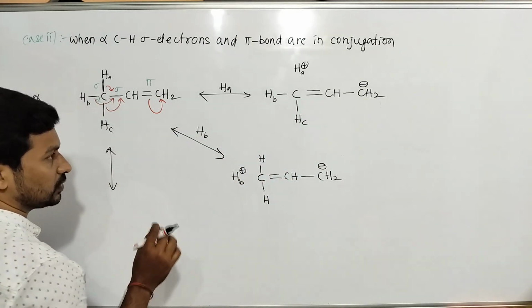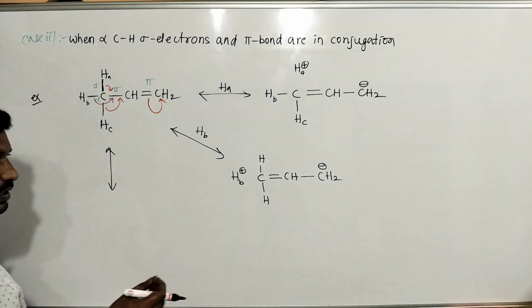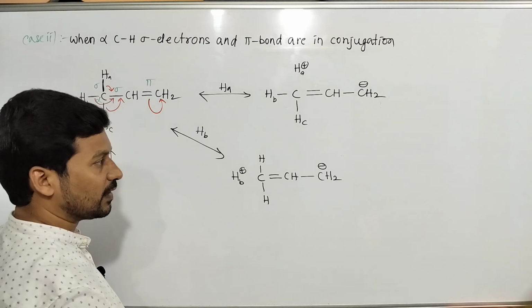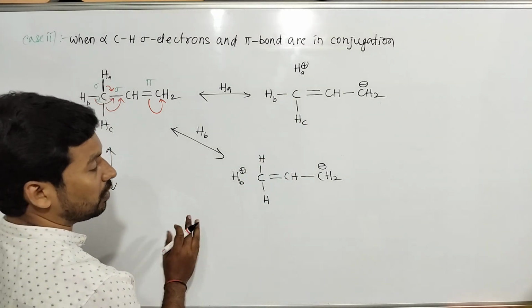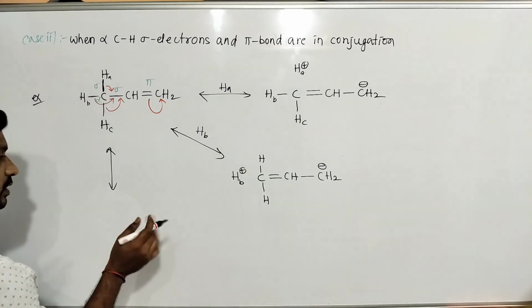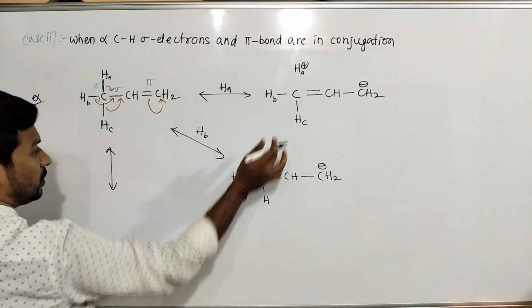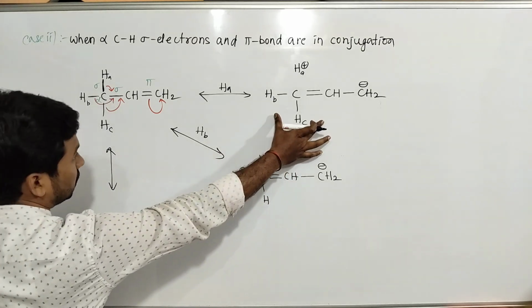Total charge on all resonating structures must be the same. In the similar way, total charge on all hyperconjugative structures is also the same: total charge 0 here.